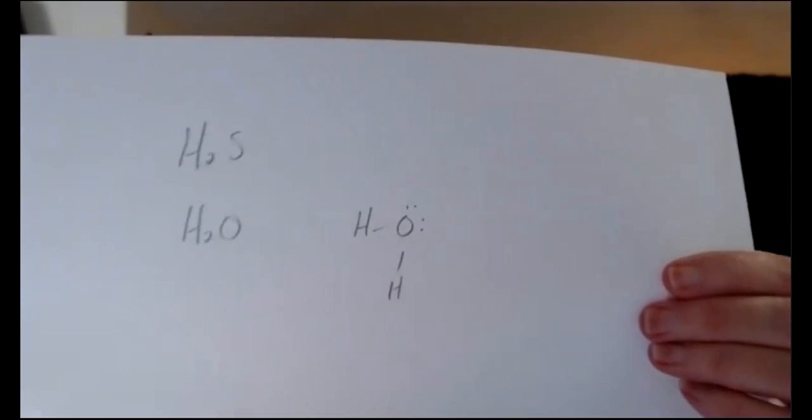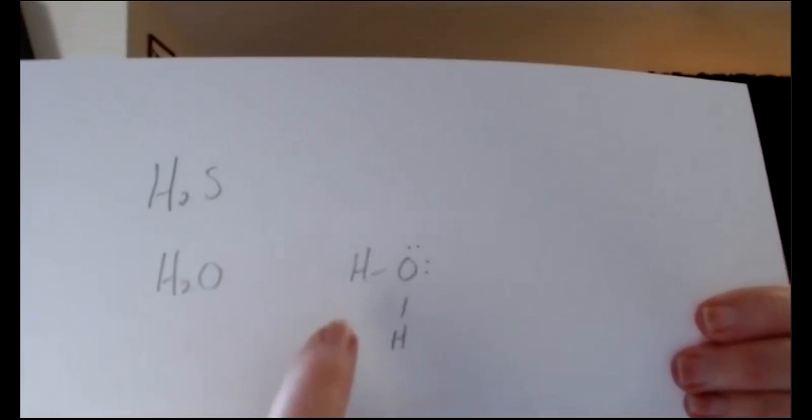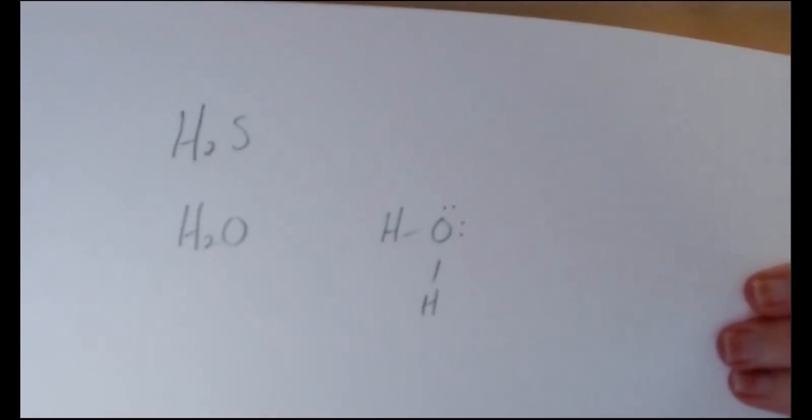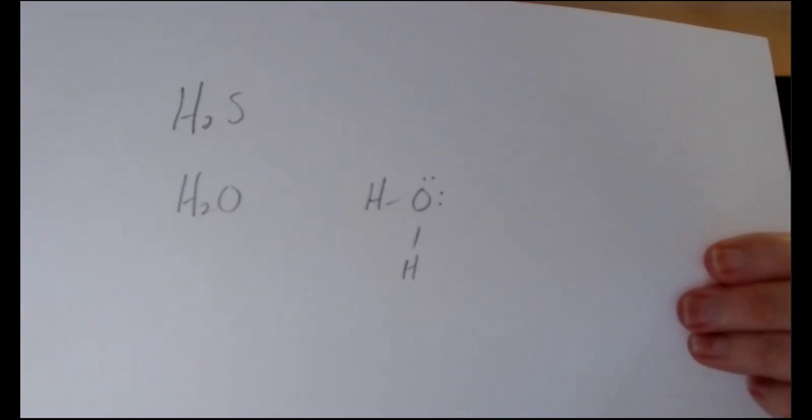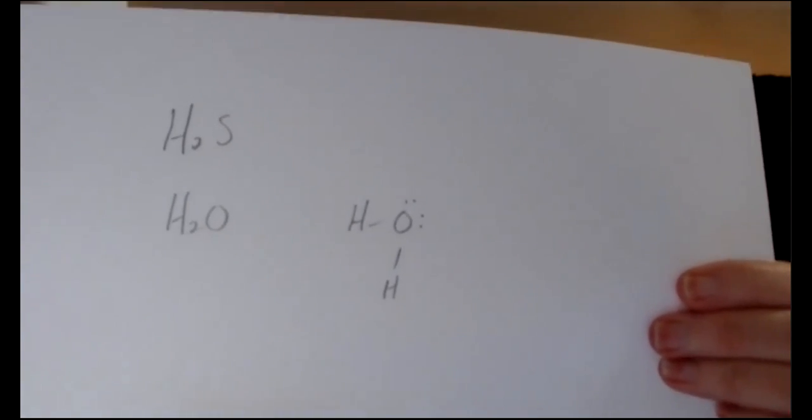And how you know that is when you draw it. All I did was draw one water. Do not label these lines as hydrogen bonds. They are not. They're polar covalent bonds.